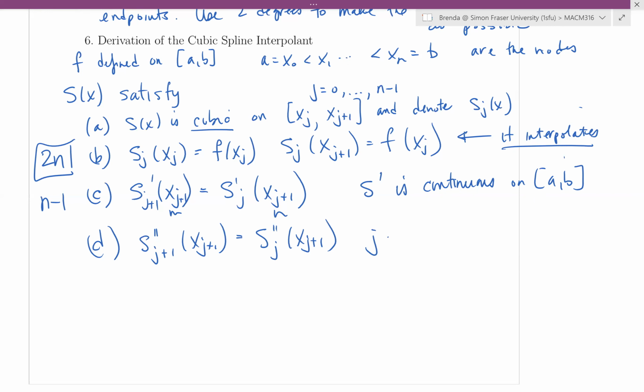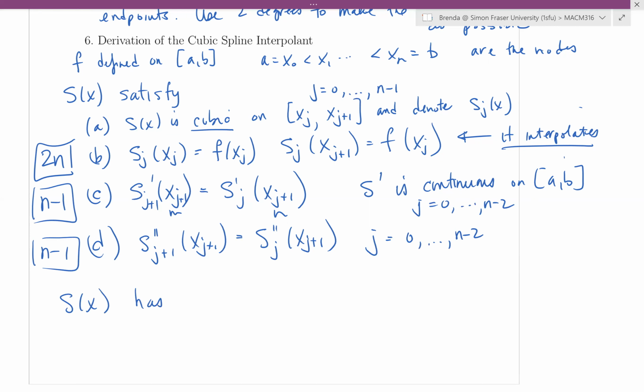This is going to be j equals 0 to n minus 2. Now we match the first derivative and the second derivative. The same amount of choices are used up. So let's just write down what we know.